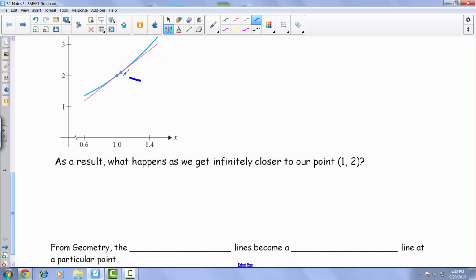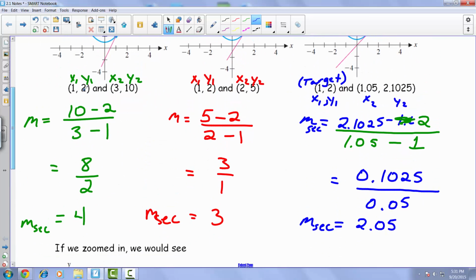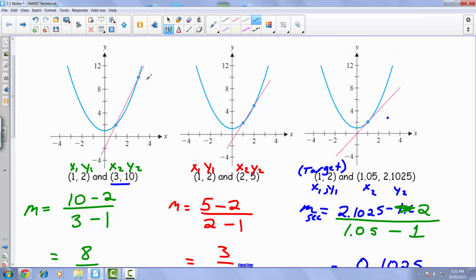Again, (1, 2) was our target point, and from our warm-up we kept getting closer, closer, and closer to that target point.